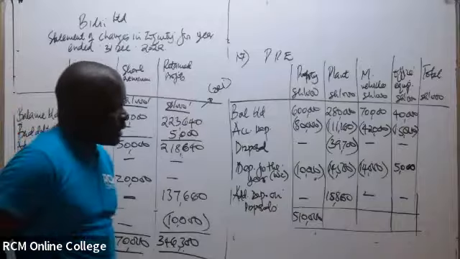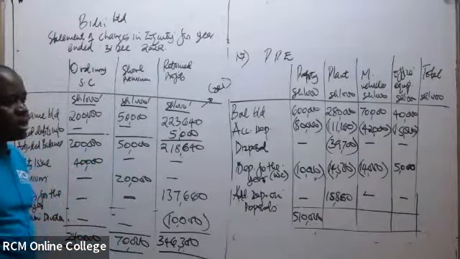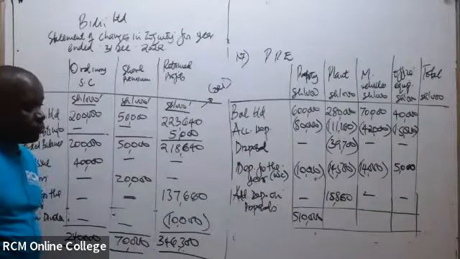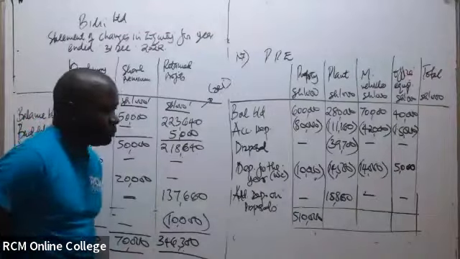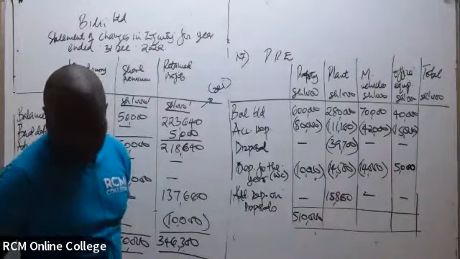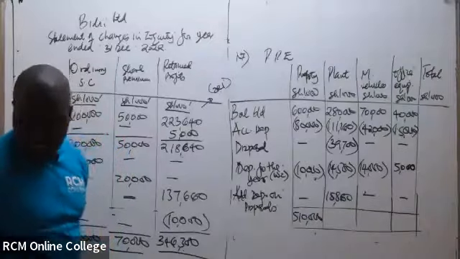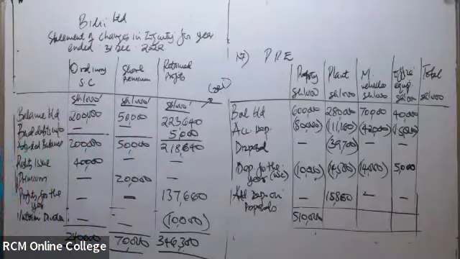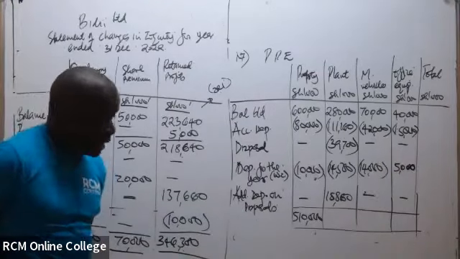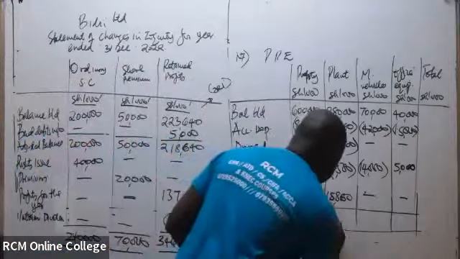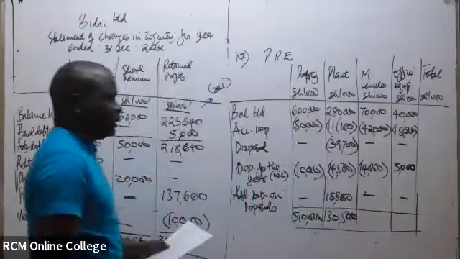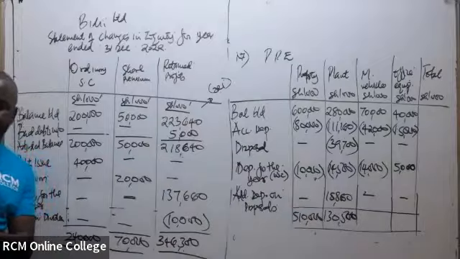Try to do the computation and tell me the figure. 135,500 is the most appropriate. I don't know how you're getting 98,780. It should be 135,500. I think that is the correct figure.